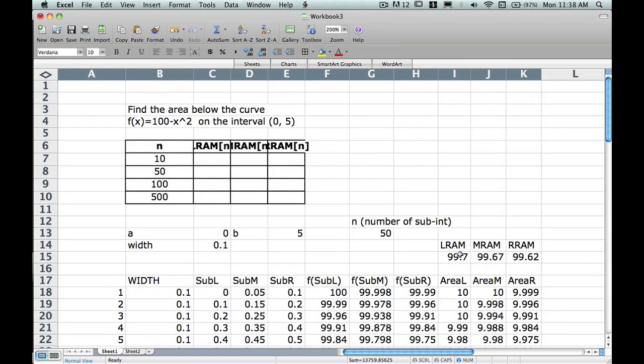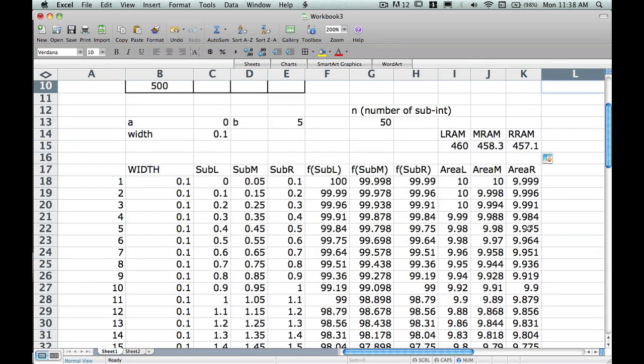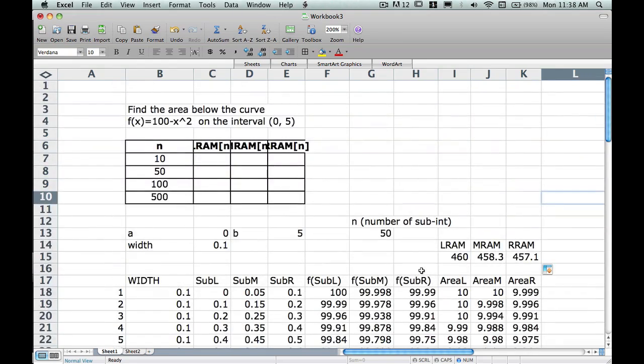Now if we drag down to 50 rectangles, we can change this to go all the way to, we want it to include 500 eventually, and as long as it's adding up blank cells, it won't be wrong. So I'm just going to put 1,000. And these are our new estimates. We have smaller rectangles, but there are more of them.